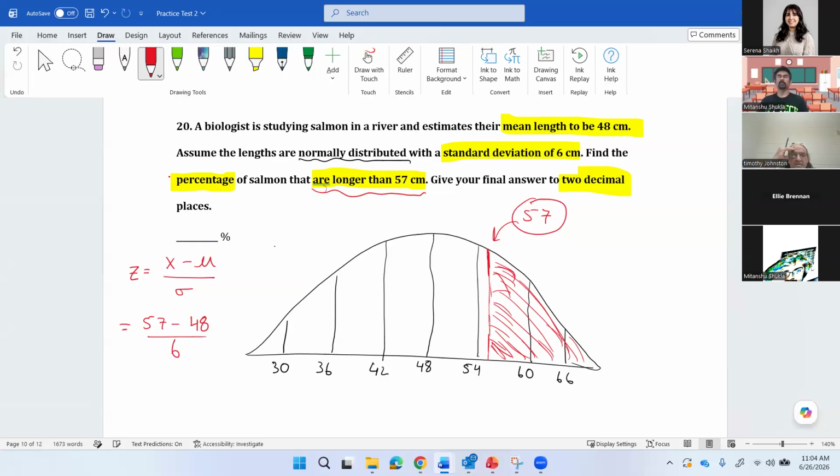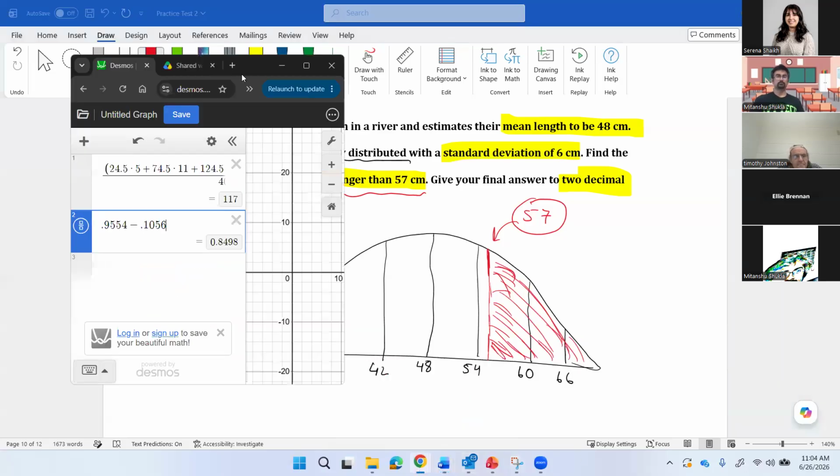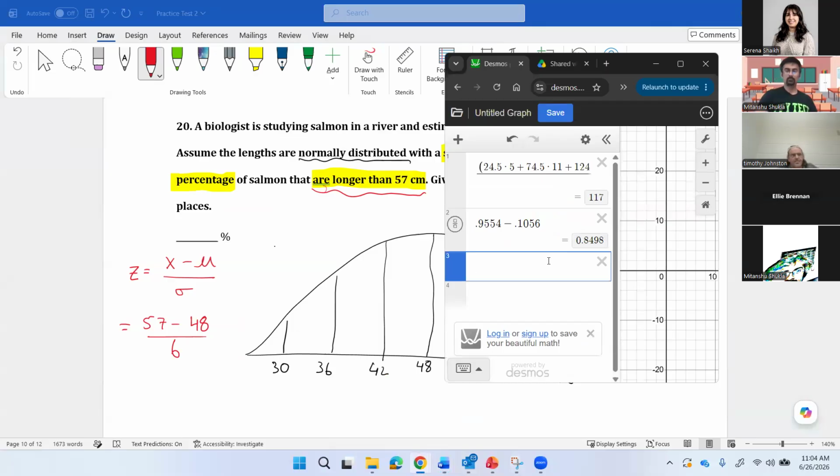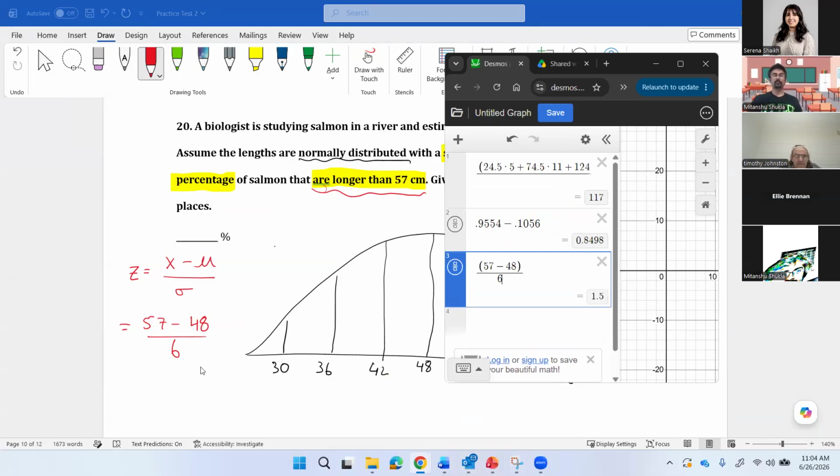So we're dividing by 6. The value they gave us minus the mean, divided by the standard deviation. When we do that in our calculator, 57 minus 48 divided by 6, I get 1.5.